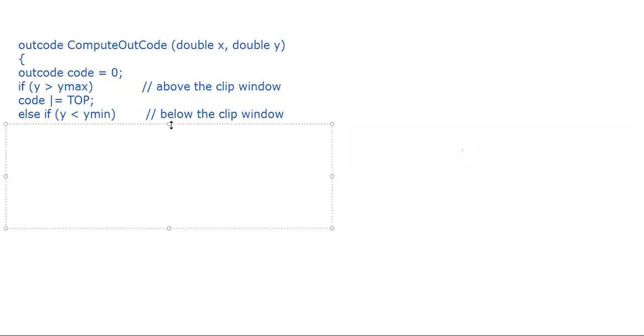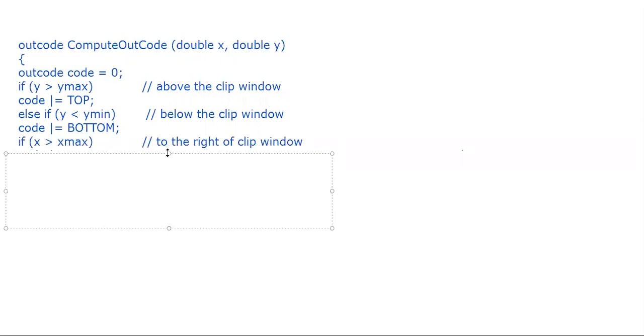Else if y is less than y min, it means it is below the window, so clip below the window. Next is code OR bottom. If it is less, it means bottom; otherwise you OR with the top. This is the logical OR symbol.